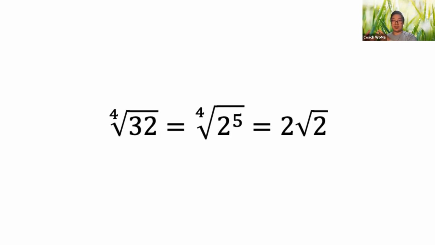Wait a second, let me figure this out. Okay, I wrote this wrong actually. This should be times the fourth root of 2. So it should be 2 times 2 to the 1 fourth, and there should be a 4 right where the mouse is.